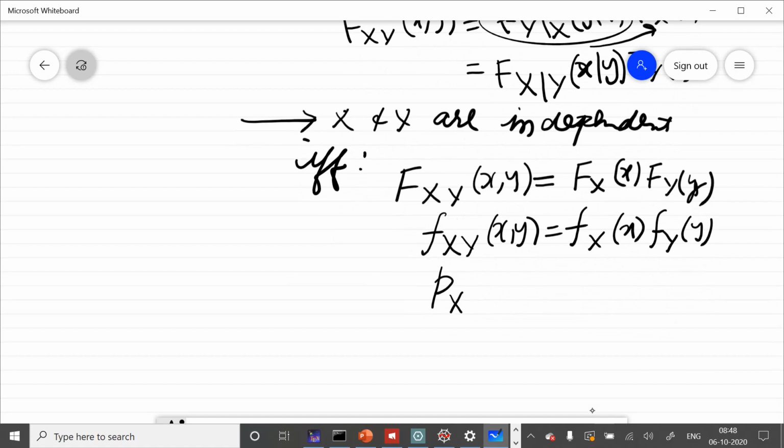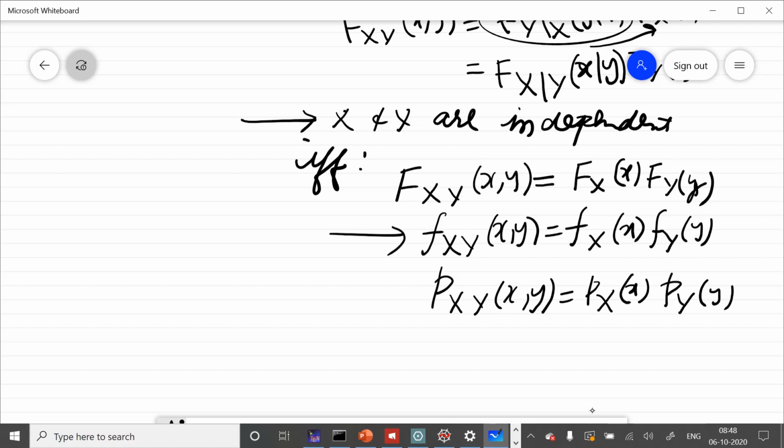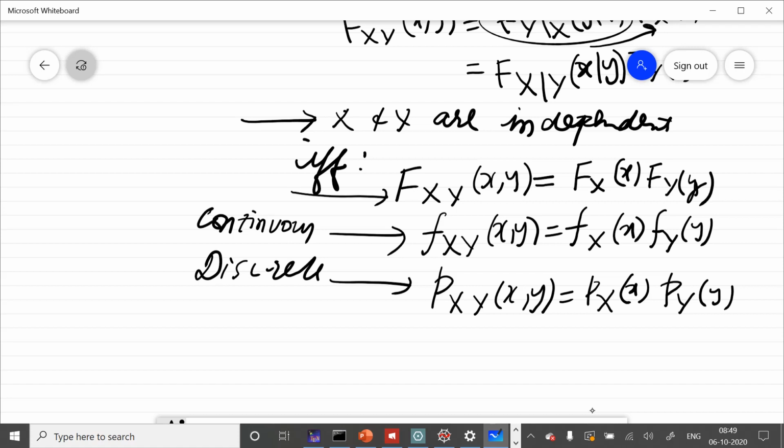Similarly, if it is discrete, then we say that X and Y are independent if the joint PMF factors as a product of marginal PMFs. So this is for continuous, this one is for discrete, and this is for both.